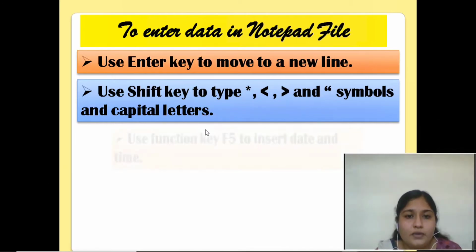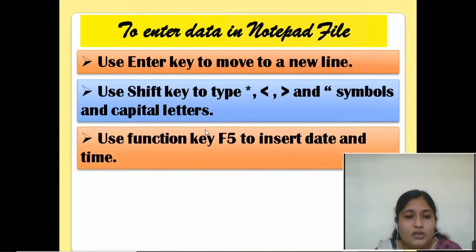With the help of the Shift key we can type these. The third is the function key F5. Use F5 to insert date and time. If we want to insert date and time, we can use the function key F5.